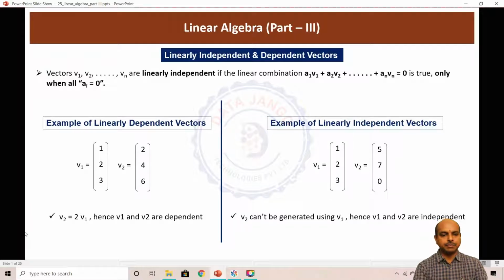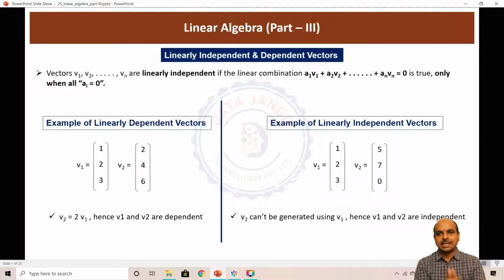Simply understanding, if you see any two vectors and you can multiply with some number and generate the other vector, those two are dependent vectors. In statistical terminology, we say these are strongly correlated. The correlation is 1. One is increasing, the other is also increasing. So in linear algebra we call it linear dependence.